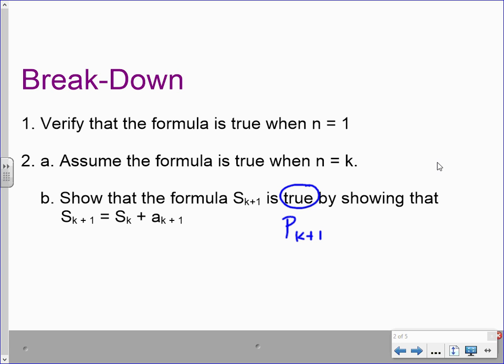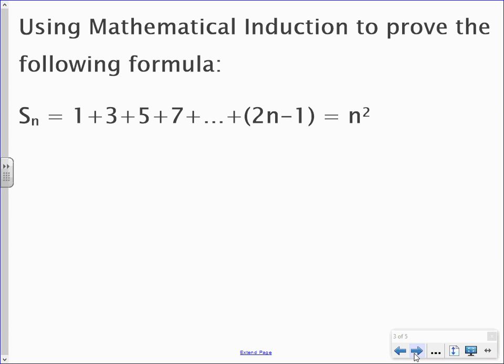So we're going to go through 2 proofs together, and then I will have you start your homework, and before everyone leaves, you have to get through at least 1, if not 2, depending on time, with me coming and checking to make sure that you did it right. Okay? So, here is our first example. Please write down this formula.